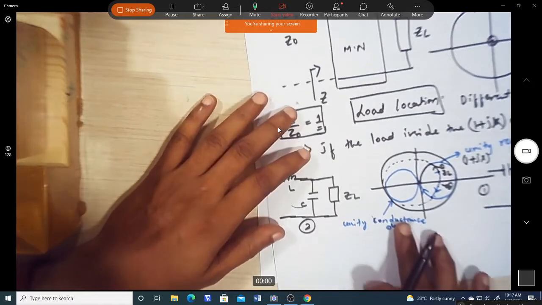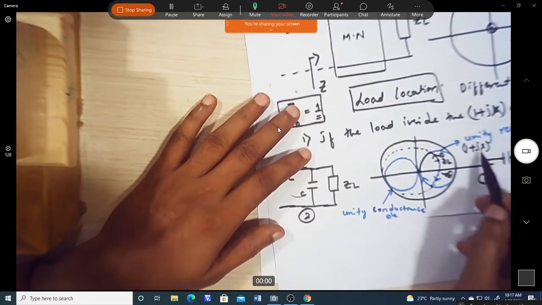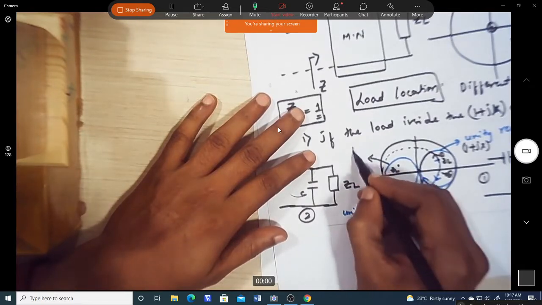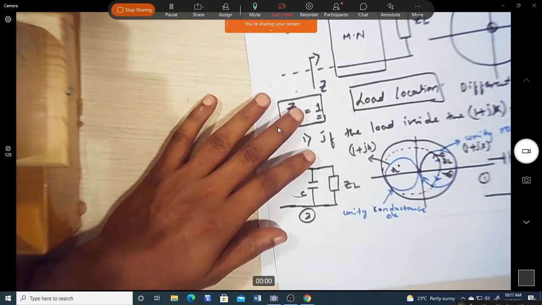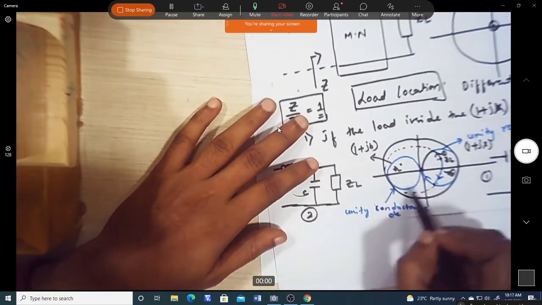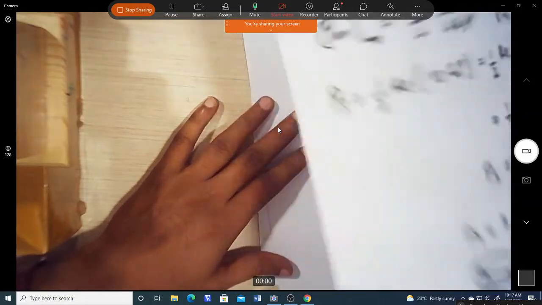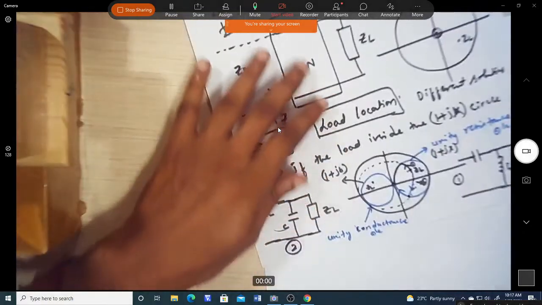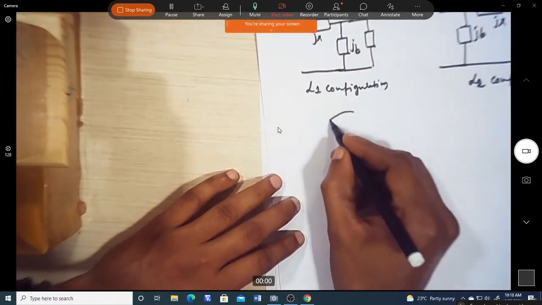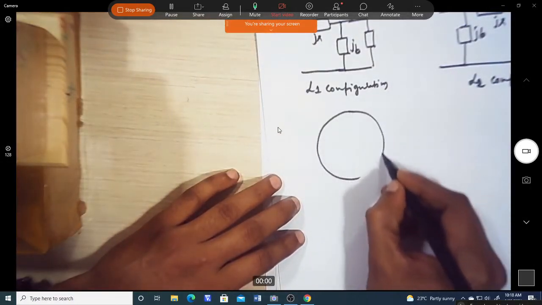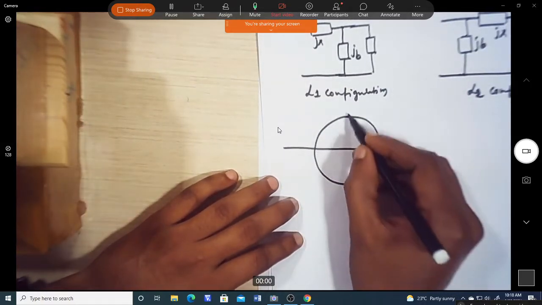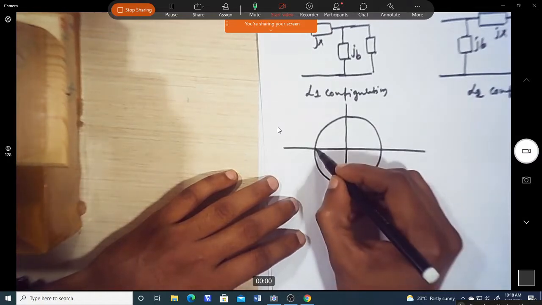Now similarly, if the load is inside the 1 plus jB circle, that is the unity conductance circle, then again we will have two solutions. Let us see what solutions exist for a load location within the unity conductance circle.